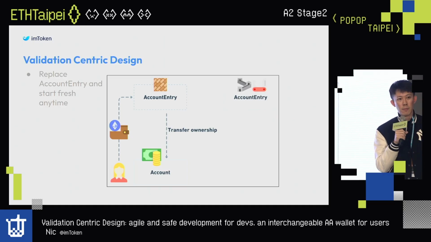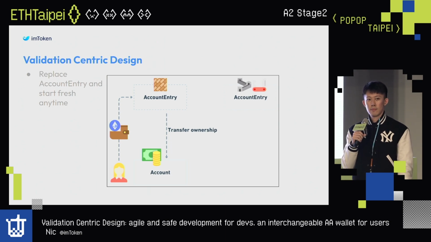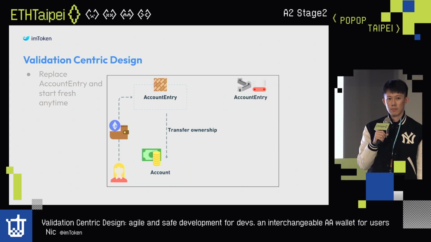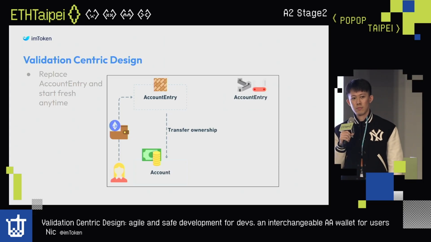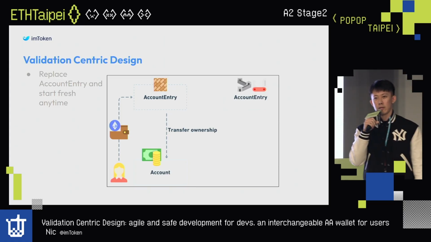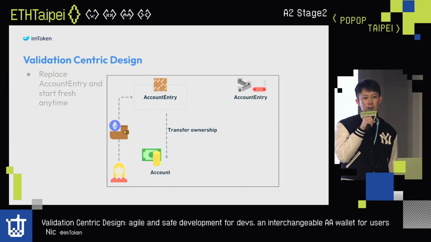Hi. Is there a case where, if you try to change your account entry, the one you're currently on prevents you from redelegating ownership of the underlying account, or is that something that's preventable? You mean like a greedy wallet that doesn't want to let users leave? They want to lock you in.